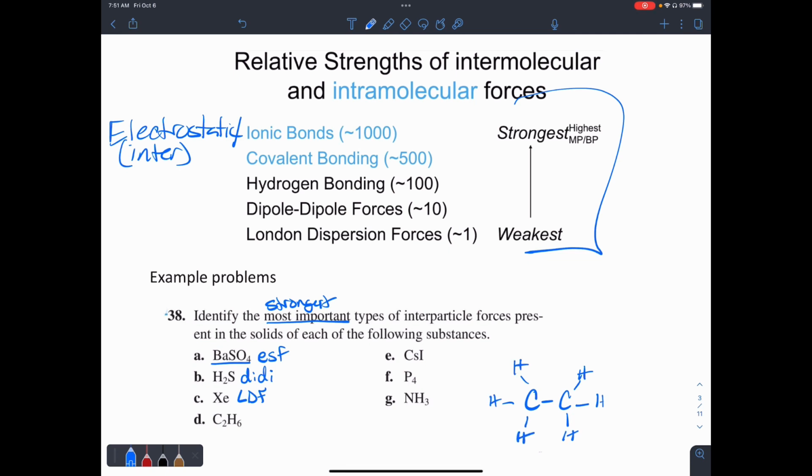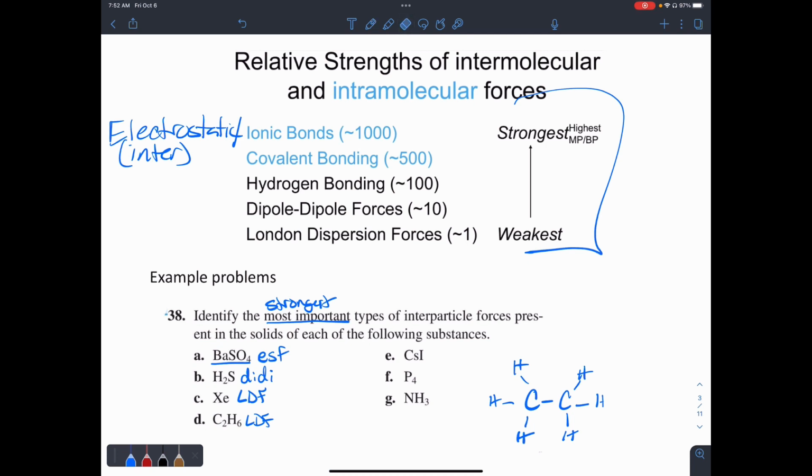And it's going to take time. So the quicker you can just imagine it, you will have an advantage. But here's a Lewis structure. Everything has an octet. There aren't any different terminal atoms, no non-bonding pairs on the center. So this is not polar. It does not have dipole-dipole forces, only London dispersion forces.